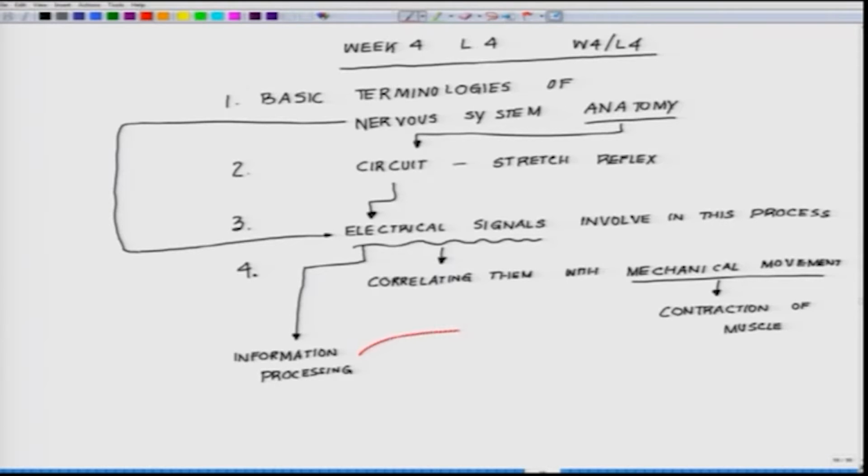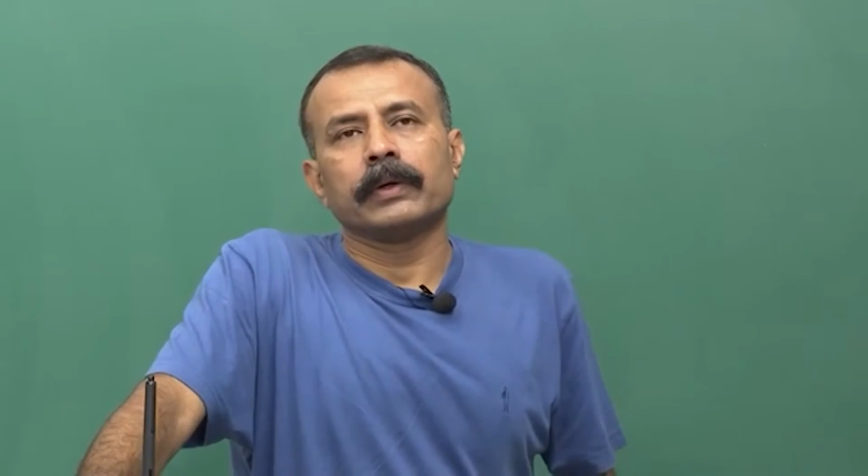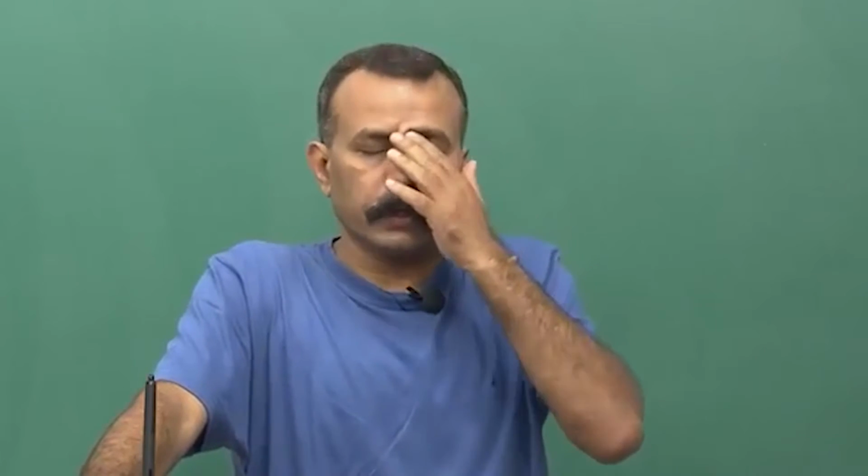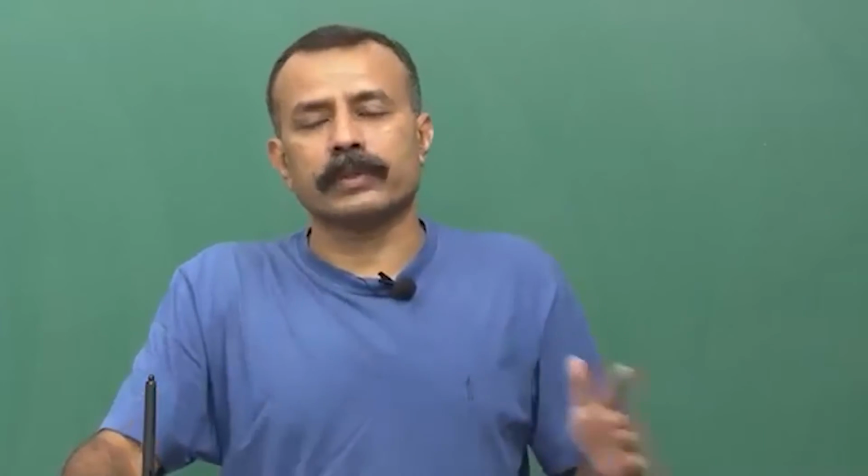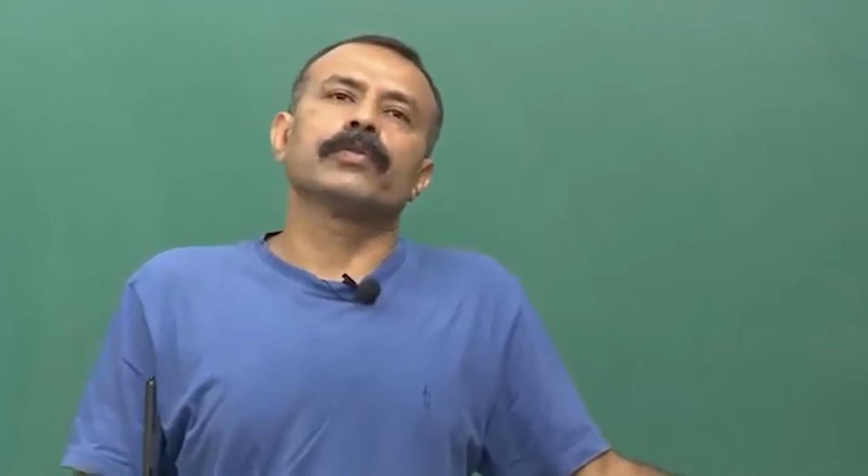Out here also there is a significant amount of information processing which is taking place, which is leading to this contraction. So, information processing is the critical word or critical signature of the nervous system. But then what is nervous system, to start off with.